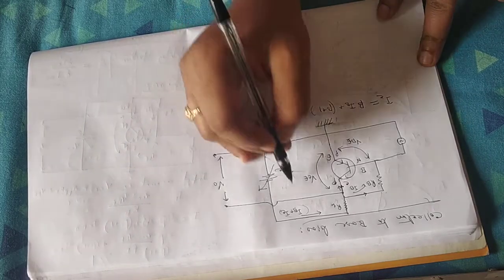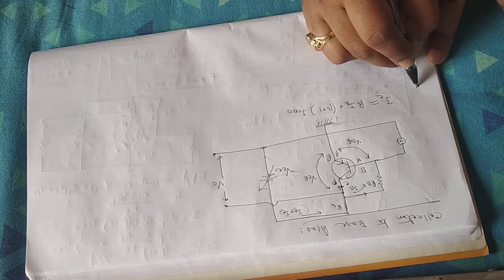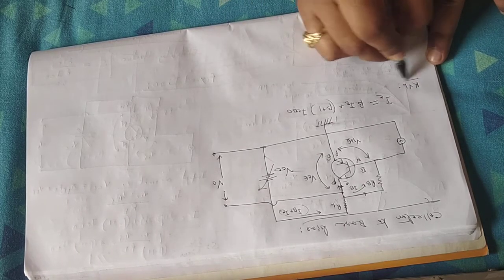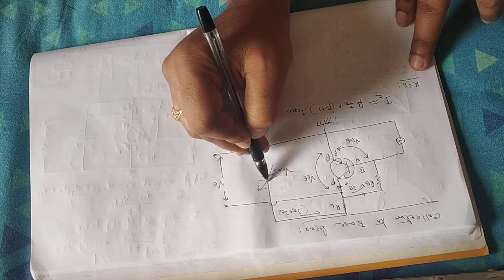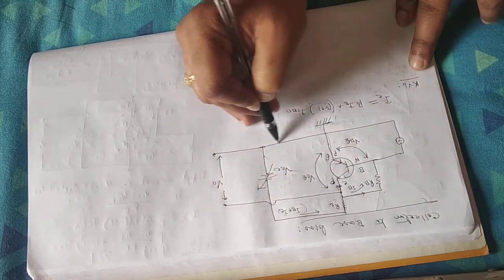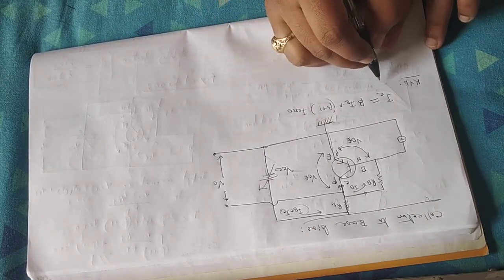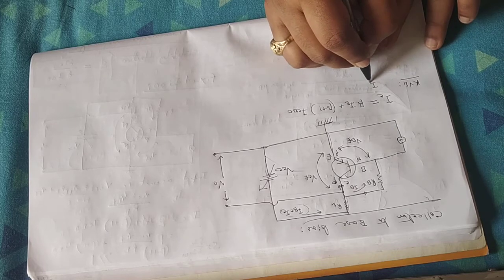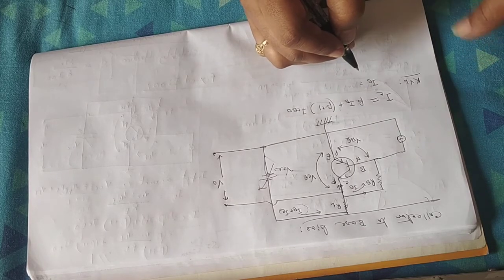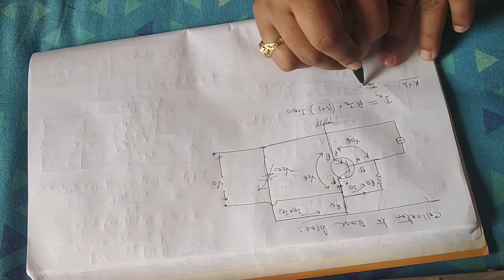So in the output circuit or in the input circuit, you first apply Kirchhoff's voltage law. Let us apply Kirchhoff's voltage law in the input circuit. The input circuit will start from here, it will go through here, here, here, here, then it will complete here. So how will the circuit look? First you are measuring, suppose, IB. Directly you can write the value of IB. Okay, don't write it directly, do the steps.